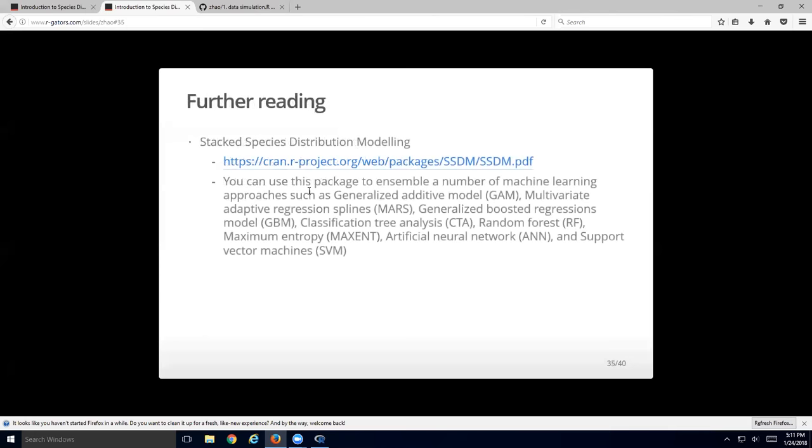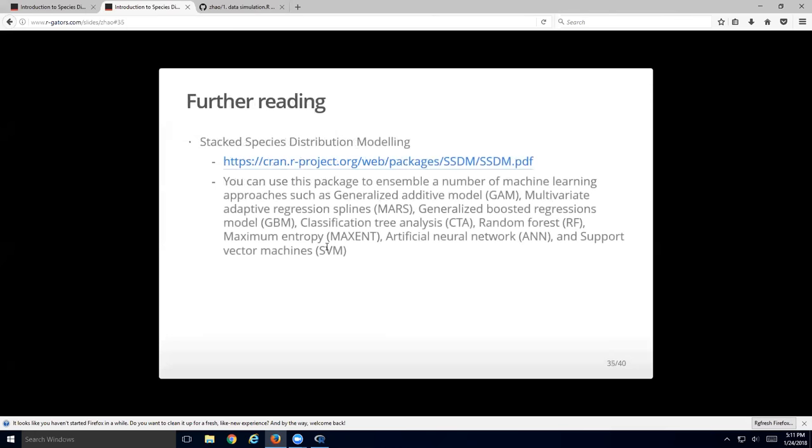So as I said, that's the most basic thing. And if you are interested in this kind of models, first, there is this R package to ensemble a whole bunch of non-parametric approaches such as GAM and Mars, we just introduced, and like random forest, Maxent, and support vector machines.